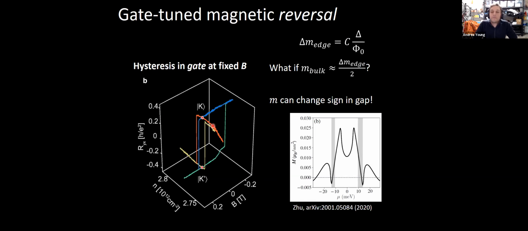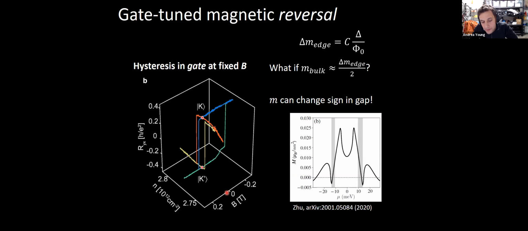So I sort of understand that if you have a magnetic phase and you start changing the density, you can cause a magnetization flip. That's fine. But at the same time, this is a symmetry broken system. So in principle, I should be able to also observe the same curve, but with a flipped Chern number. Because the gate sweeping is done here at a slightly negative field.